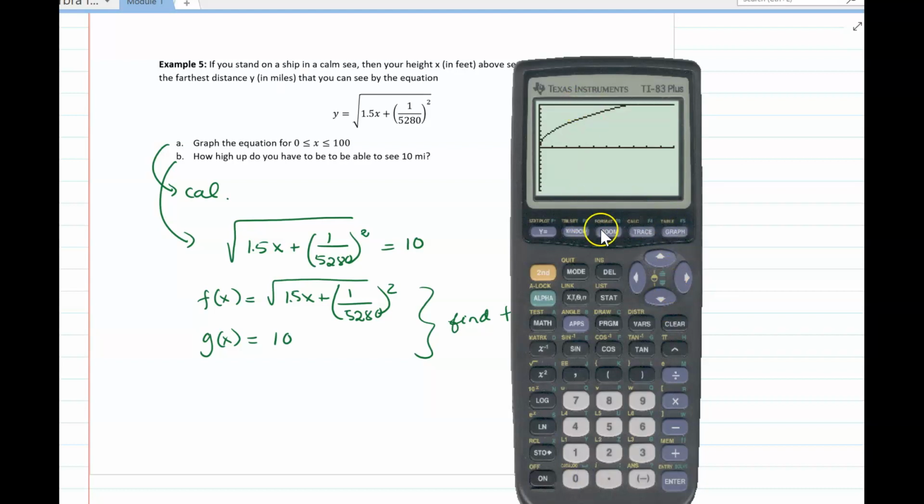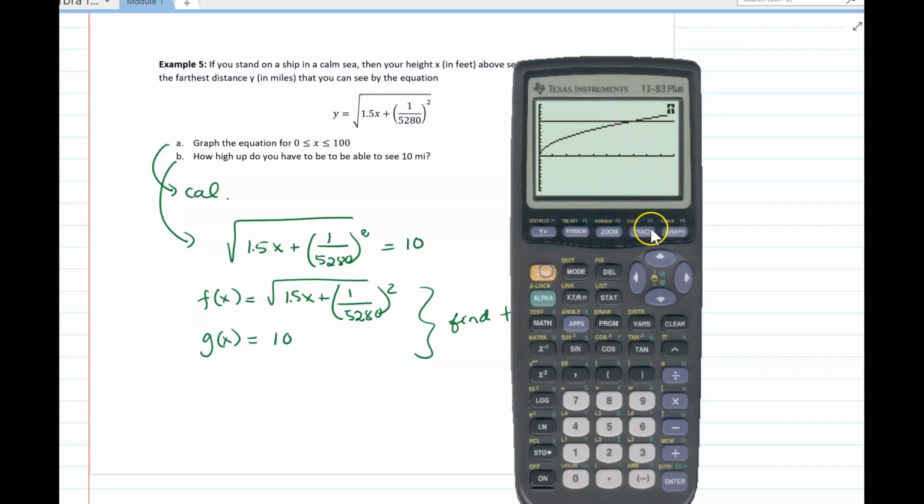So let's fix our window a little bit to make it look clearer. Let's make our y max 15. And we want to find this intersection.